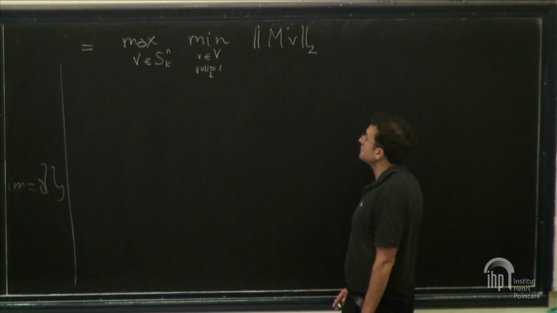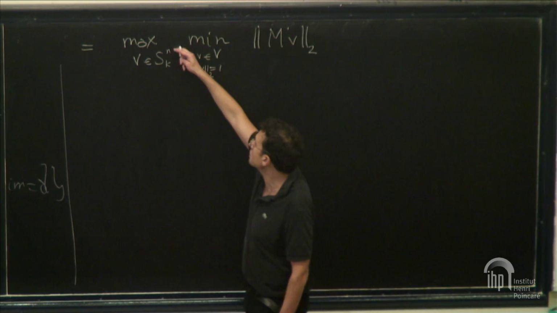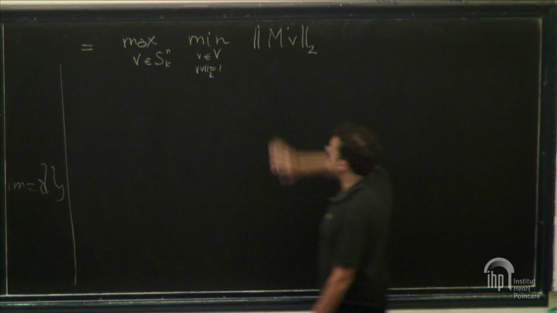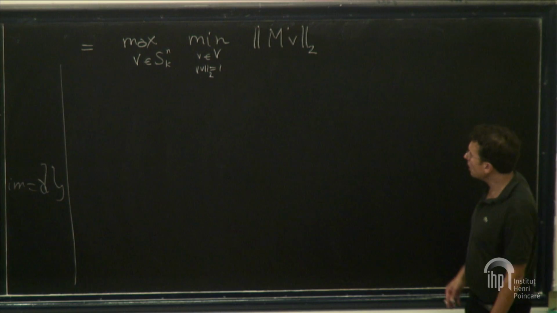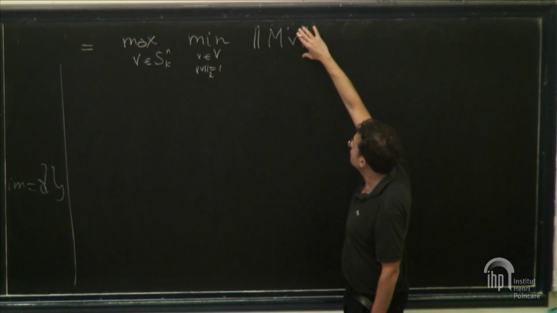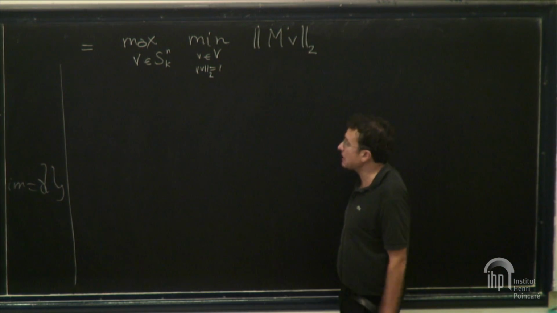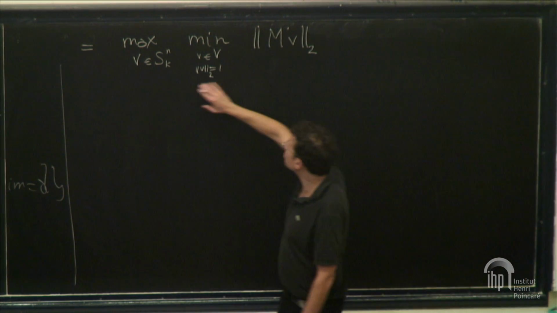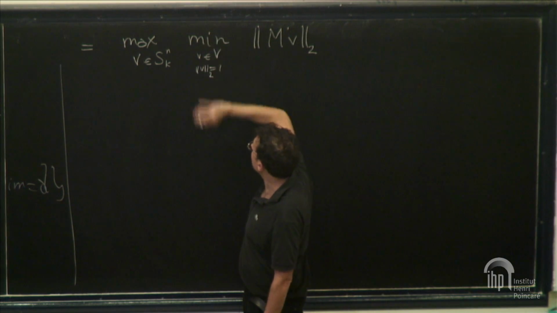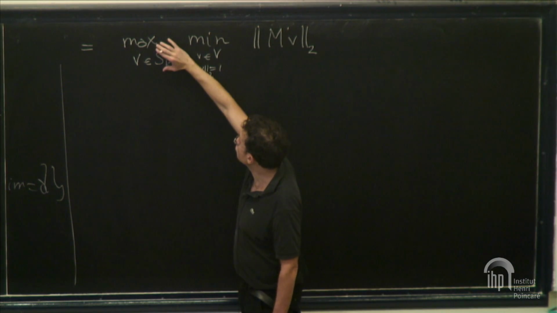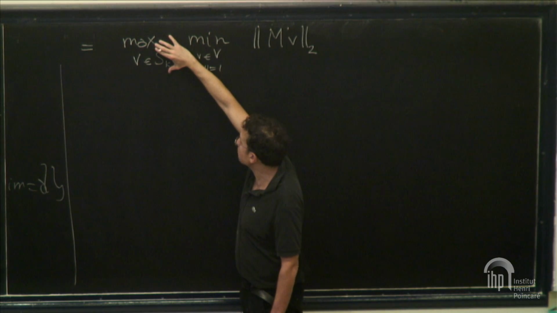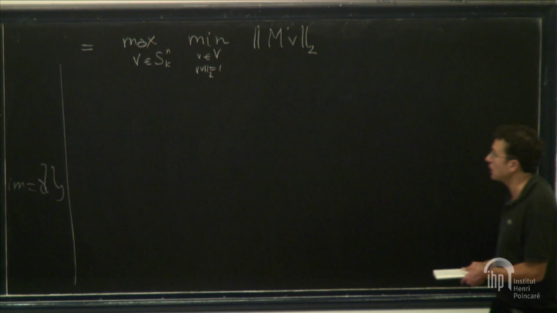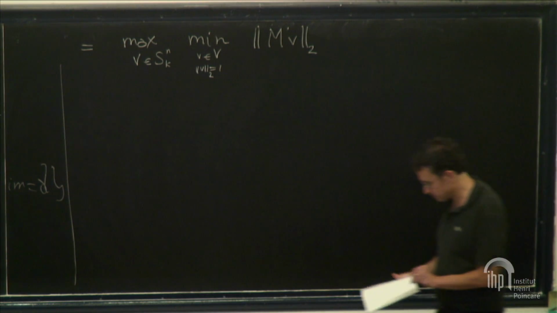The minimum singular value corresponds to taking k equal n. In this case you are looking at the direction in which the matrix M expands the least. And if you want to look at the kth, you look at the subspace that helps you the most, and then within that subspace, look at the minimum singular value.